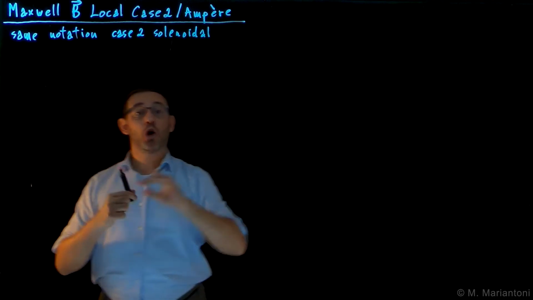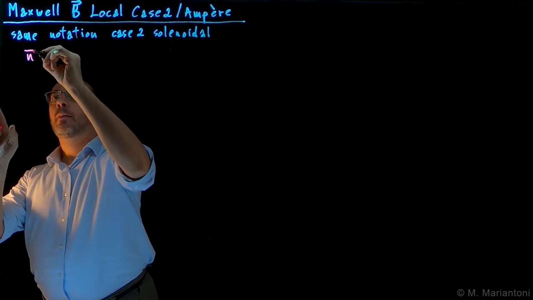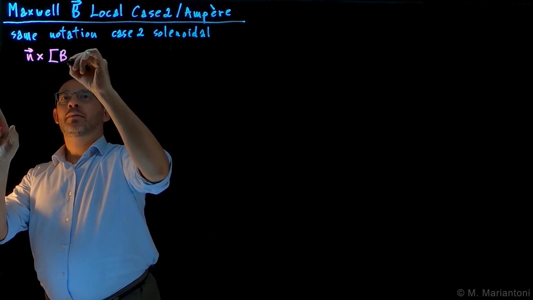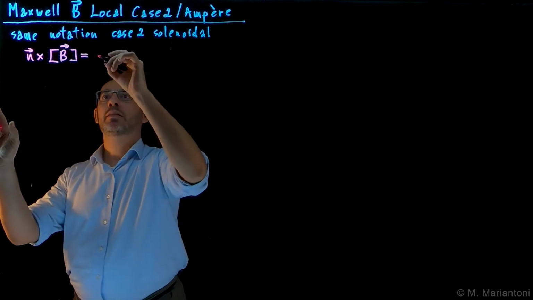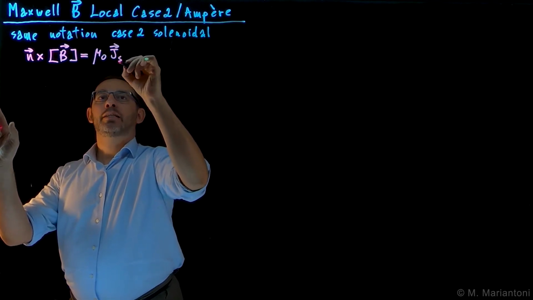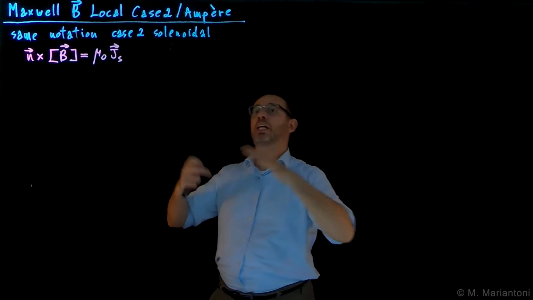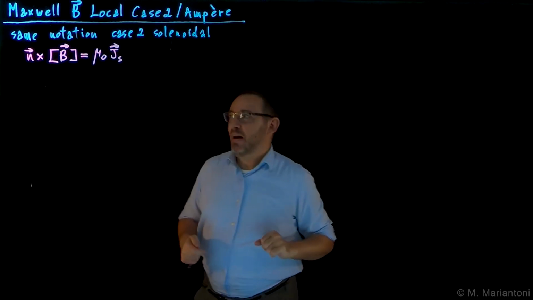N, the same n which goes from 2 to 1, I remind you, cross a quantity in bracket like this, B in bracket, and I will tell you in a few minutes what this means, equal mu naught times vector Js, which again is only on a surface in this case, it's not in a volume, so it's a discontinuous in a volume sense, in a three-dimensional sense, a current density vector.